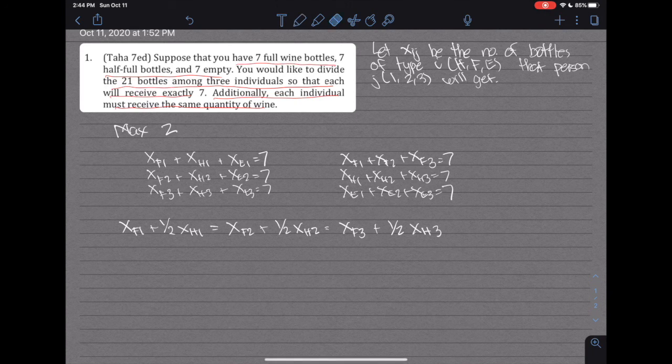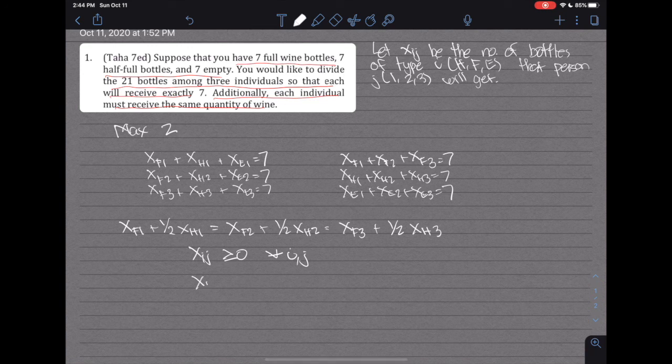We've already written down all of our technological constraints. Don't forget your non-negativity constraints. So that's xij is greater than or equal to 0 for all values of i and j. And lastly, since these are bottles, and bottles cannot be halves or quarters, we have to take note that all bottles are integer.